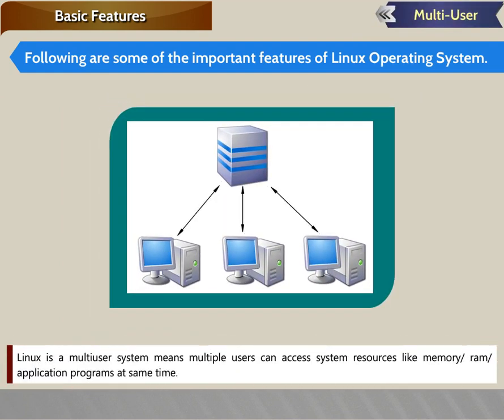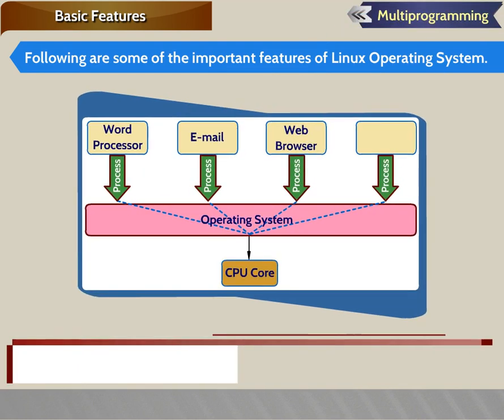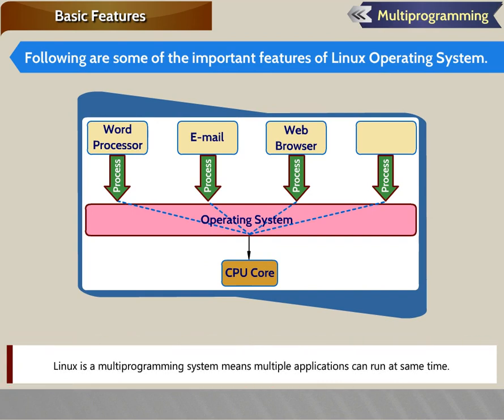Linux is a multi-user system, which means multiple users can access system resources like memory, RAM, and application programs at the same time. Multi-programming. Linux is a multi-programming system, which means multiple applications can run at the same time.